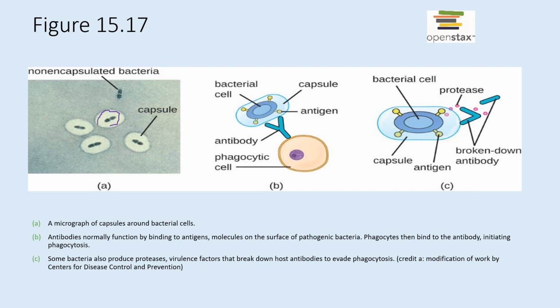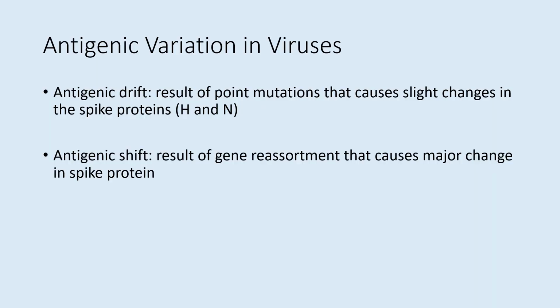This is a capsule. This one right here does not have a capsule around it. So it's more susceptible to being eaten by the defensive cells of our system. So that is why we say if it has a capsule, that's a virulence factor. It's protection. If it does not have the capsule, and we'll use the term non-encapsulated bacteria, it's more susceptible to being broken down, so therefore it has a very low virulence factor.